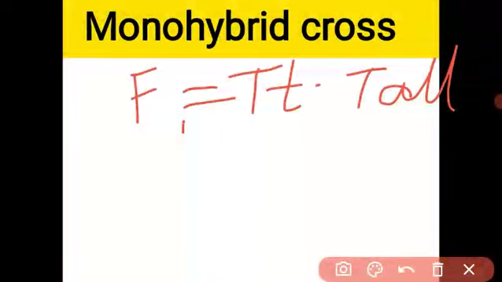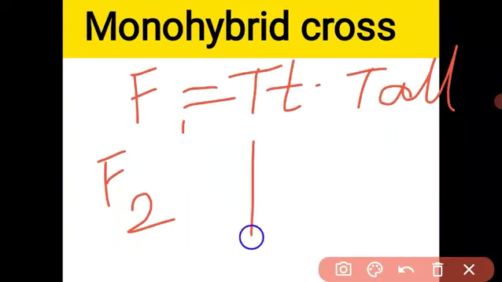All are tall. Means the phenotype ratio is 4. Because, in phenotype and genotype, I told you, phenotype means the physical appearance, the observable characters. Observable characters are called the phenotype. And what is the F2 generation?